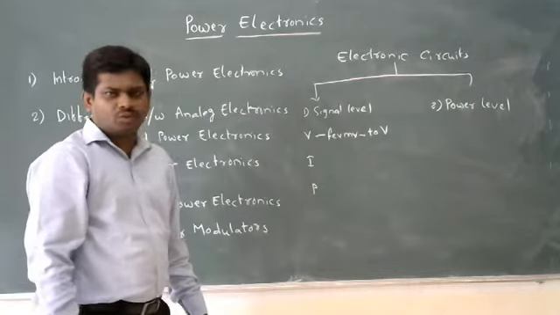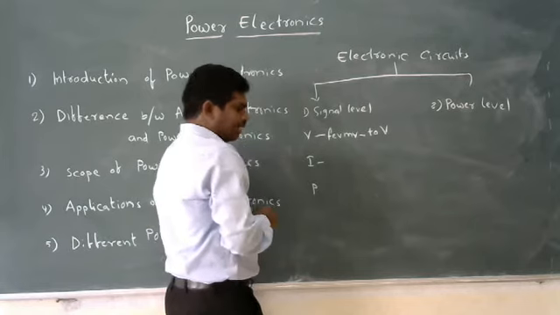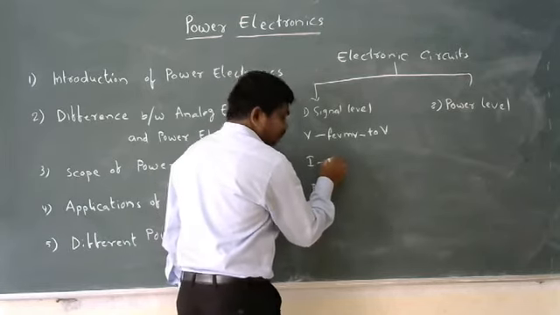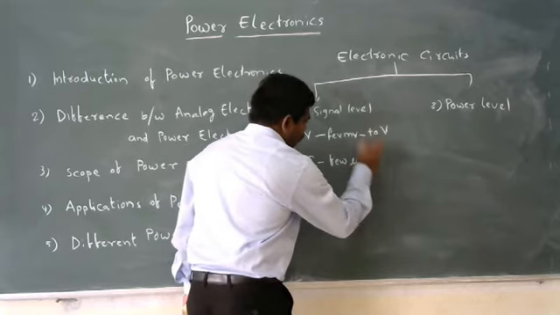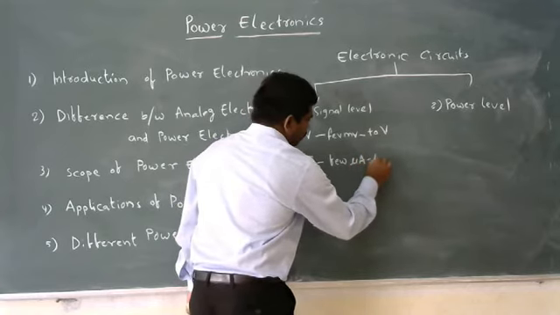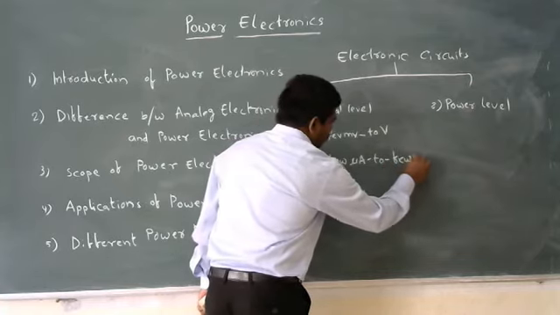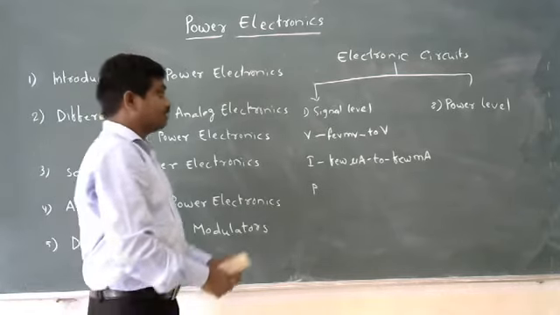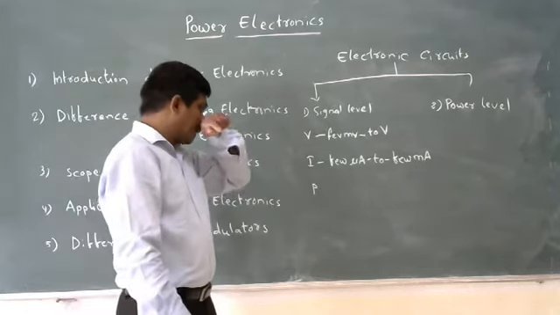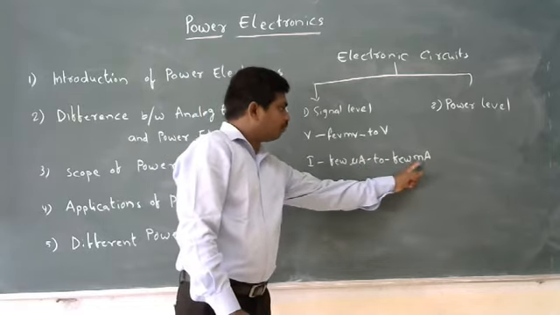When we see the current values, from few microampere to few milliampere, not even ampere also, means signal level electronic circuits are handling few microampere current to few milliampere of current only.